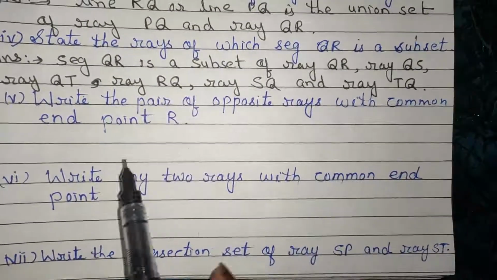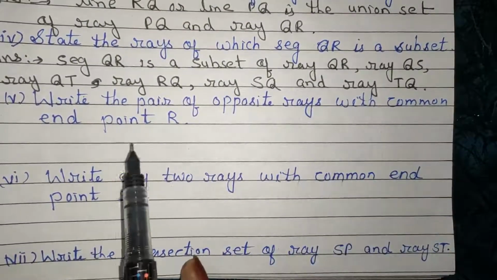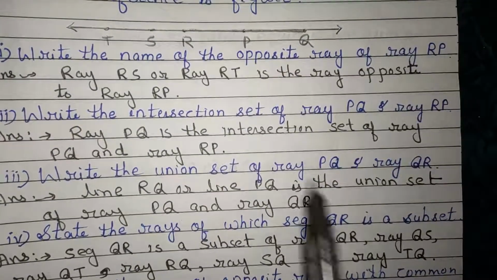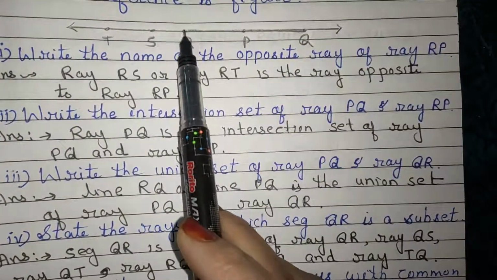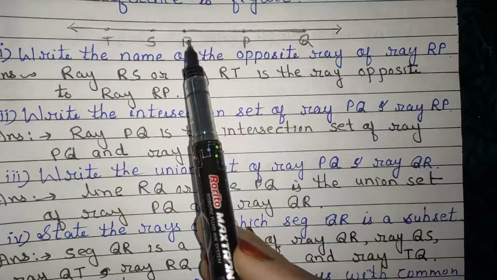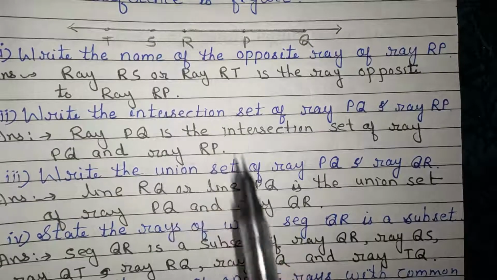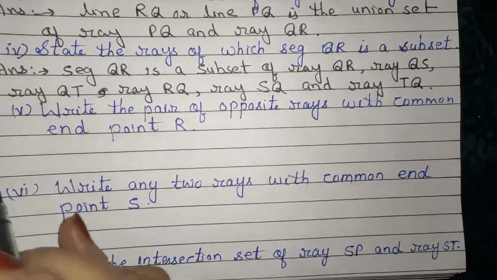Now next question is, write the pair of opposite rays with common endpoint R. Now look here, common endpoint R means the opposite rays are ray RP and ray RS. Therefore write down here the answer.